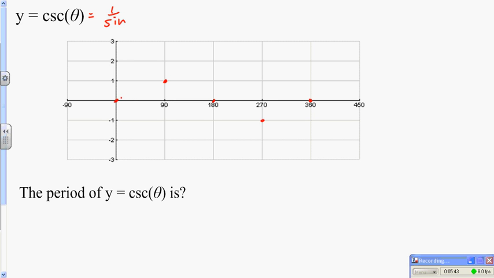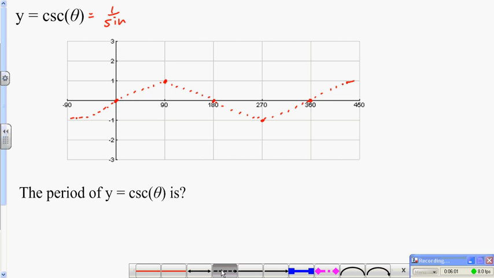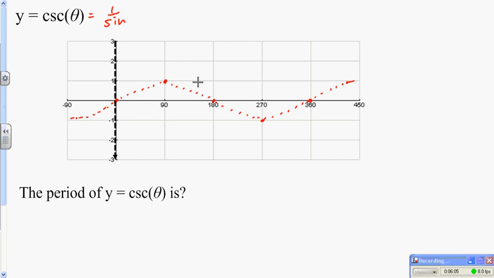Sine starts at the origin, and continues on. Same rules here. Wherever sine is 0, then the reciprocal will be undefined. So now we have asymptotes located similar to the other ones, but shifted.